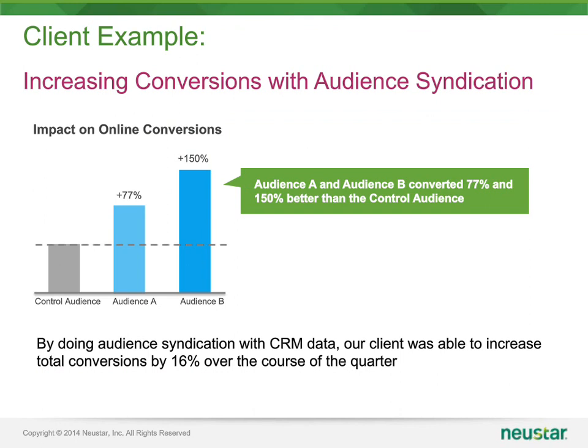This entertainment client showed enormous lifts ranging from 77% to 150% versus their average within their top customer segment. Additionally, audience segmentation garnered this client overall a 16% increase in total conversions over the course of the quarter, which is very significant. Again, this drives home the power of using the data advertisers have at their disposal to maximize the efficiency of their paid media efforts.